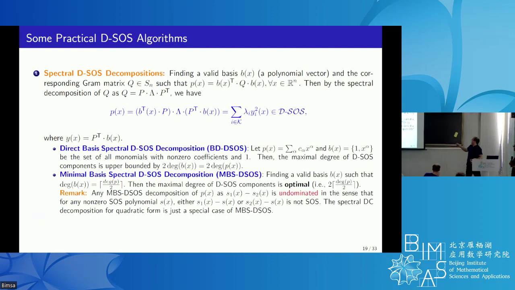Think about having a full basis, a list of all monomials from 1 to the maximum degree, and you find any possible Q that is non-negative definite. By eigenvalue decomposition it can be written like this. Because all eigenvalues are non-negative, it is just a sum of squares. So it provides the representability of SCP and its equivalence with sum of squares.